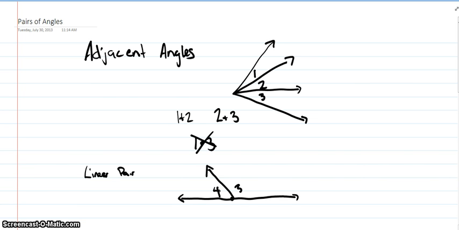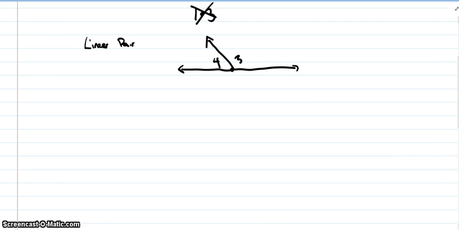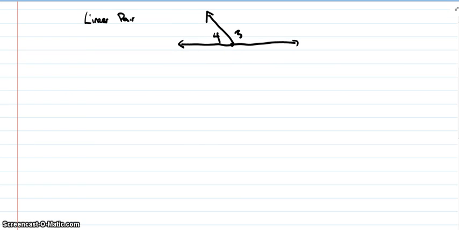They'd also be adjacent angles. Linear pairs are always adjacent angles, but they're a special type of adjacent angle that share the same opposite ray. So let's learn a little bit more about some other types of angles. I'll scroll up in case you're not done.